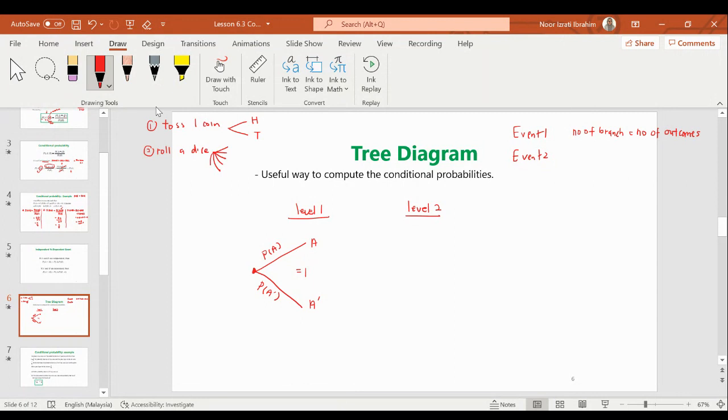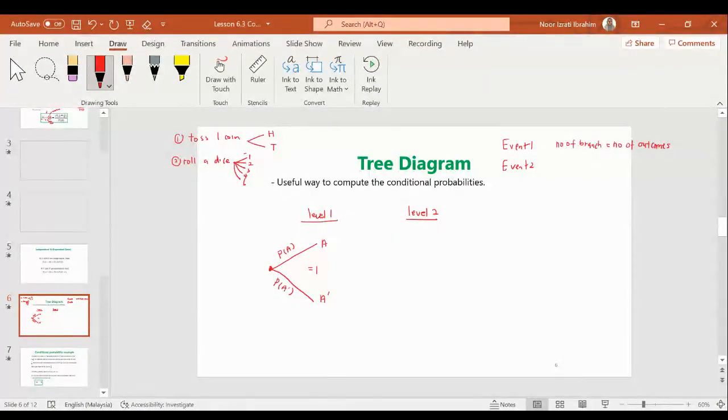The number of branches depends on how many outcomes we have for the event.